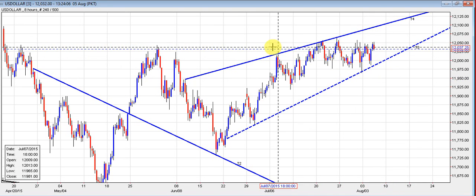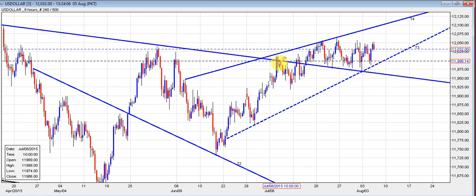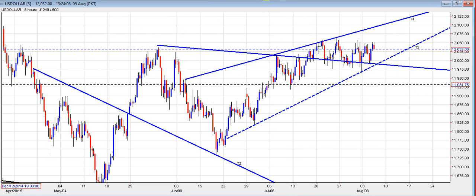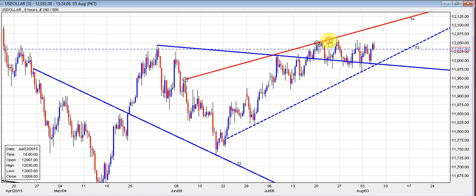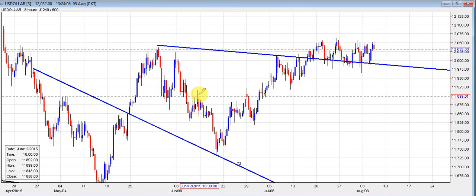Now, similarly, if this would have been shifted down, for the sake of example, let's consider we need to have a descending wedge.